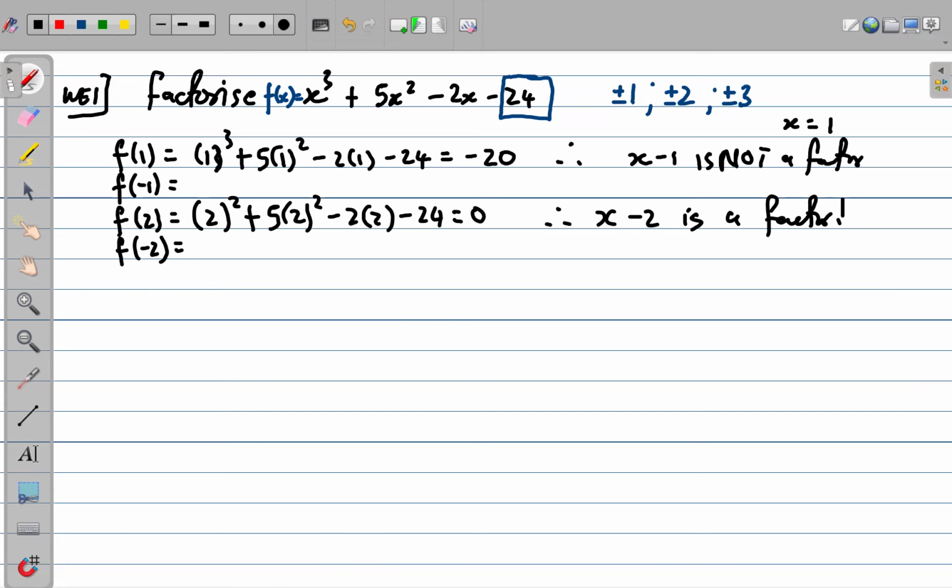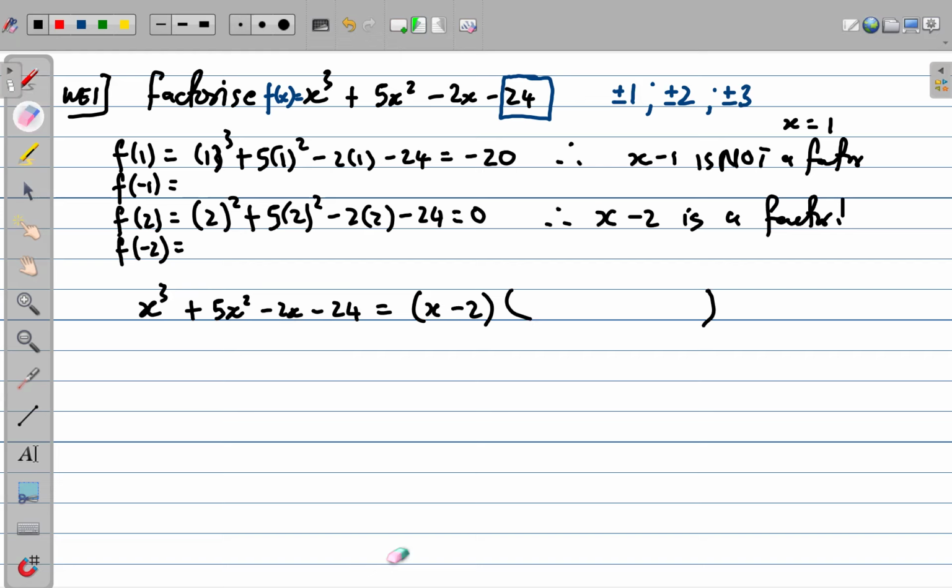Now, this is good. This is a breakthrough. What does it mean for x minus 2 to be a factor? It means I can rewrite my polynomial in terms of x minus 2 as follows: x cubed plus 5x squared minus 2x minus 24 equals x minus 2 times something.